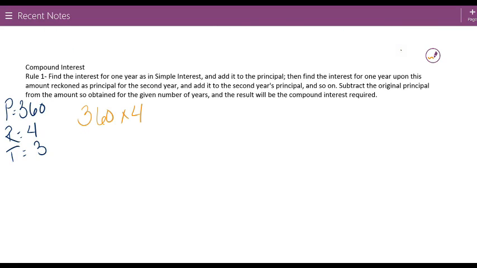For this point, we're just doing it for 1 year, so we could write the times 1, or we could leave it off, either way, over 100. So we're going to take 360 times 4.